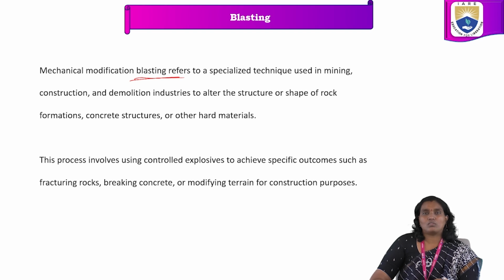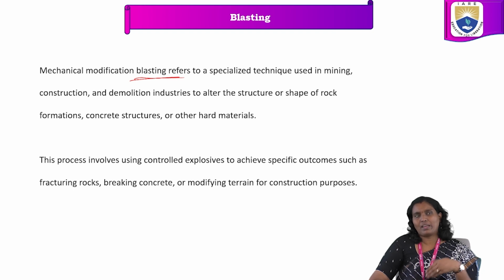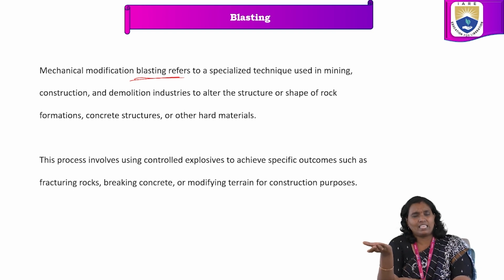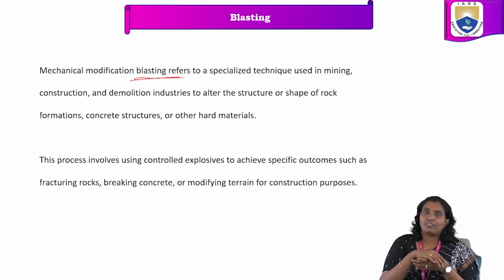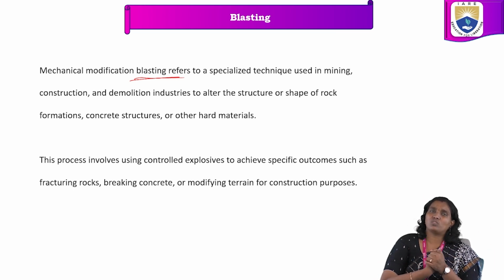Otherwise, it affects many things nearby, such as dams and the foundations of constructions. So whenever we are doing blasting, we have to be very careful, and the effects are reduced only when we are using controlled explosives.